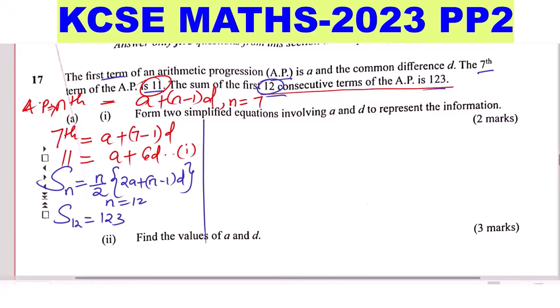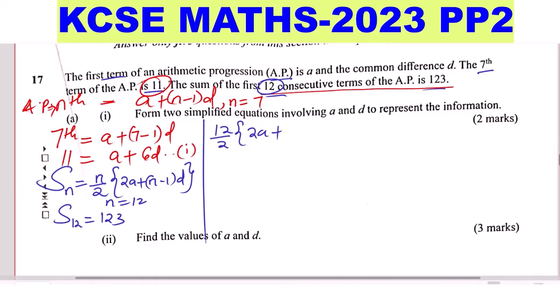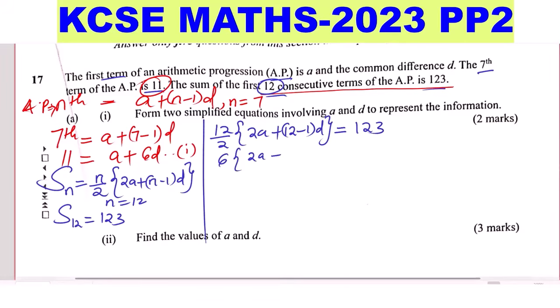So let's just substitute these. n over 2 will be 12 divided by 2, then 2a plus (12 minus 1) multiplied by d, should give 123. Simplify these, you get 6 times (2a plus 11d) is equal to 123.